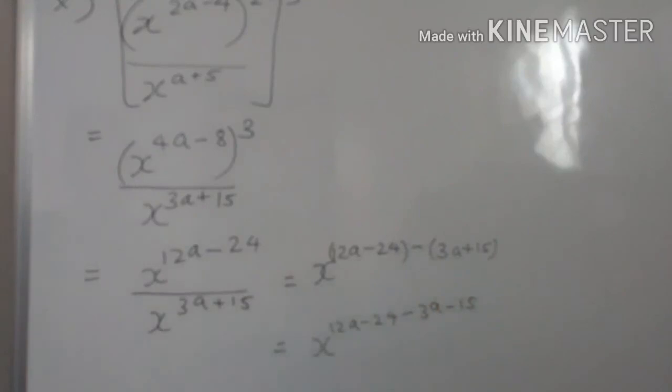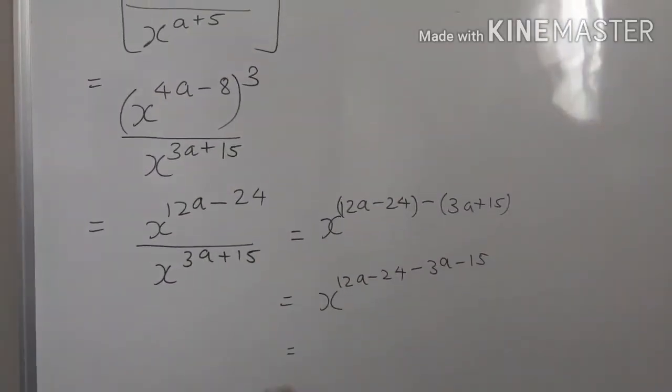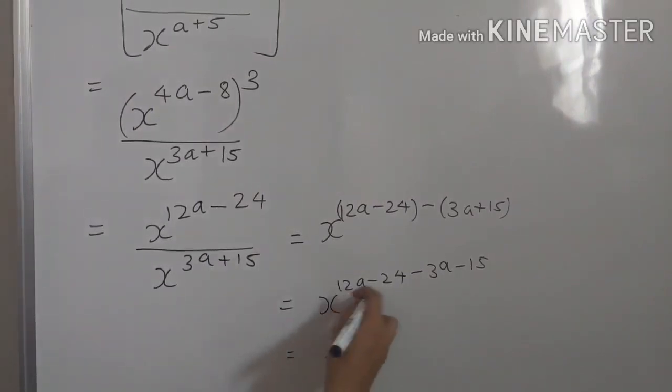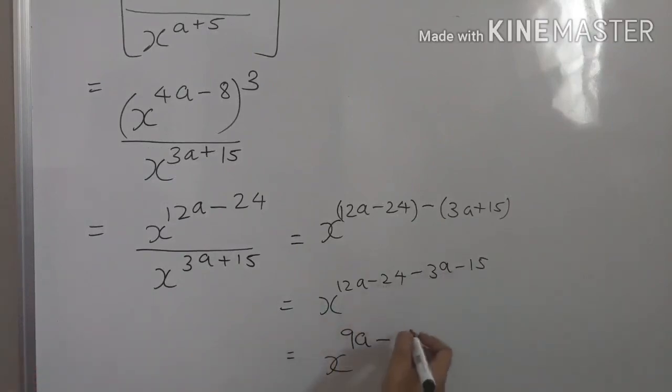When there is a minus sign outside the bracket, we must change the signs in the bracket. Now the last answer is x raised to 12a minus 3a becomes 9a, minus 24 minus 15 becomes minus 39. So this is our last answer of question number 10.